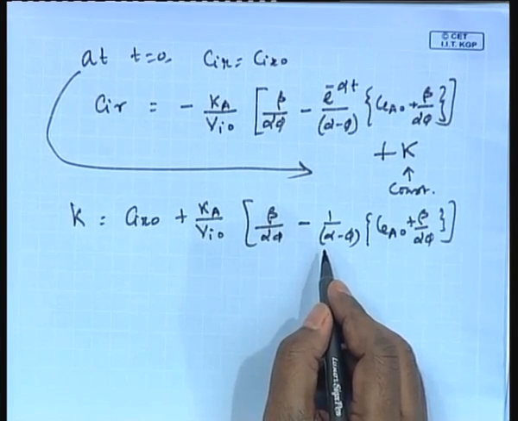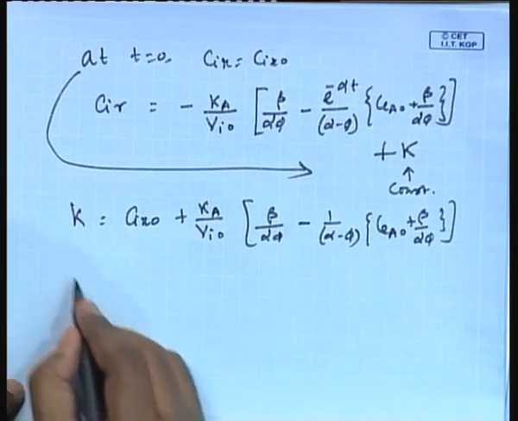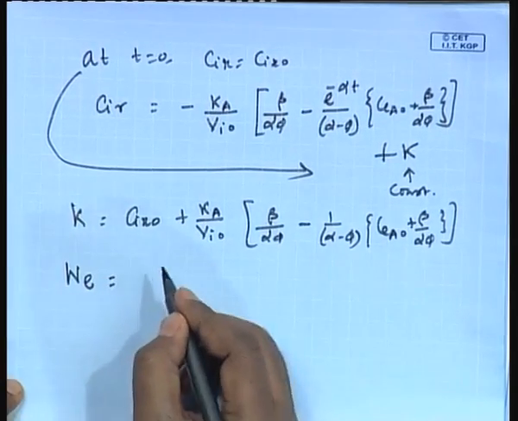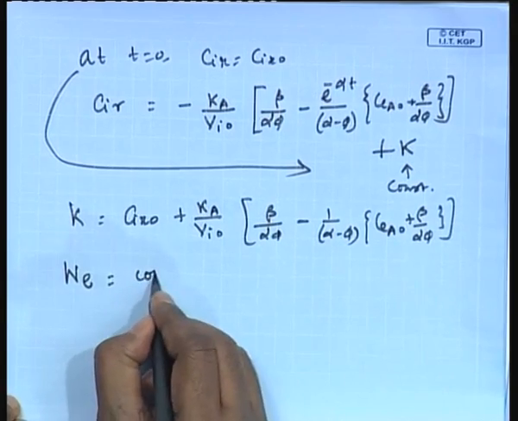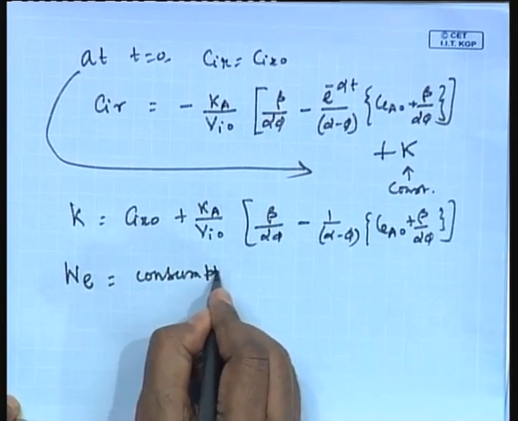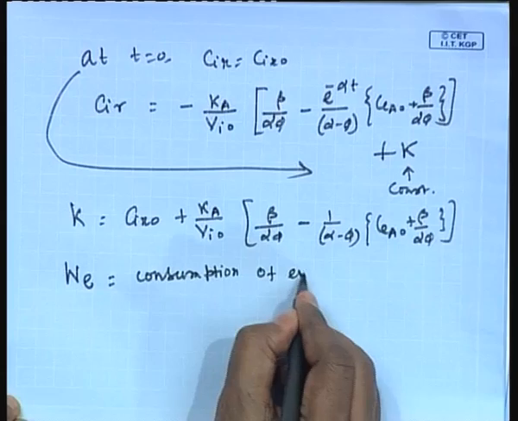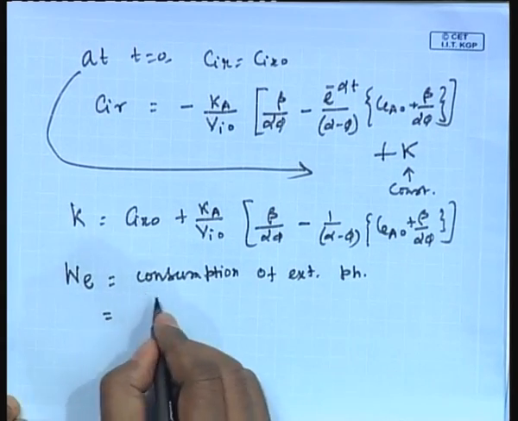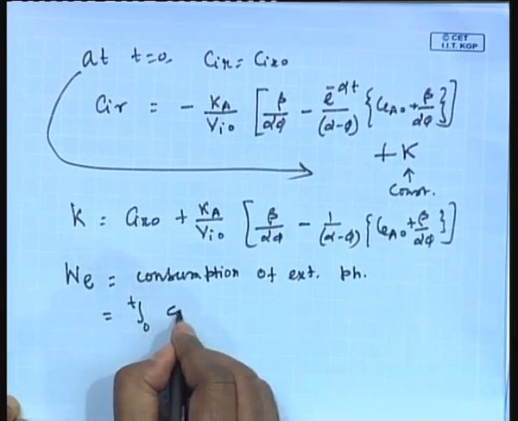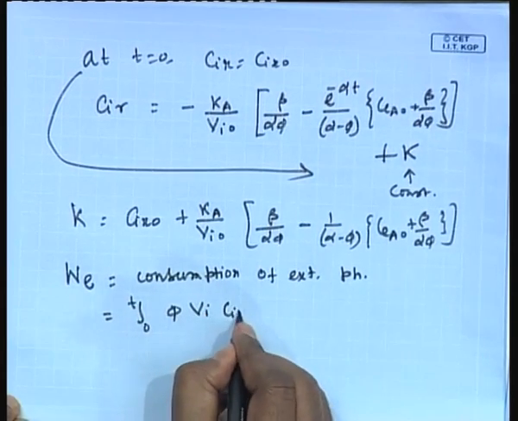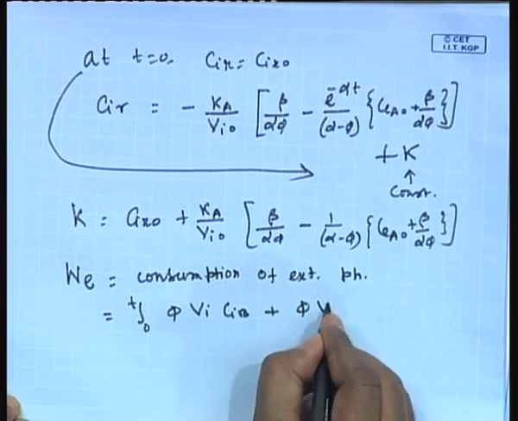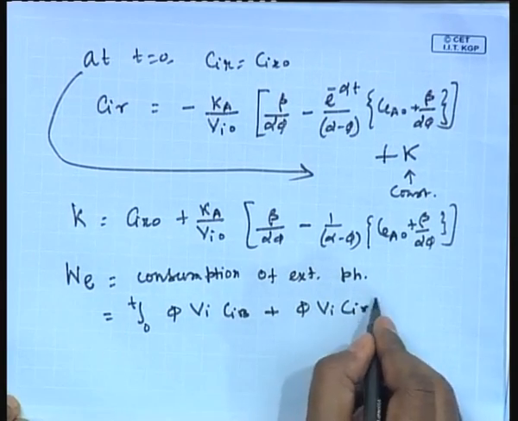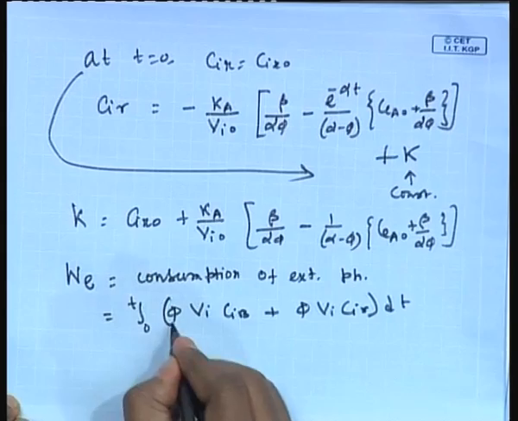Okay. So, one can get W_E, the consumption of the external phase, as the integral from 0 to t of phi V_I C_I_b plus phi V_I C_I_r dt.